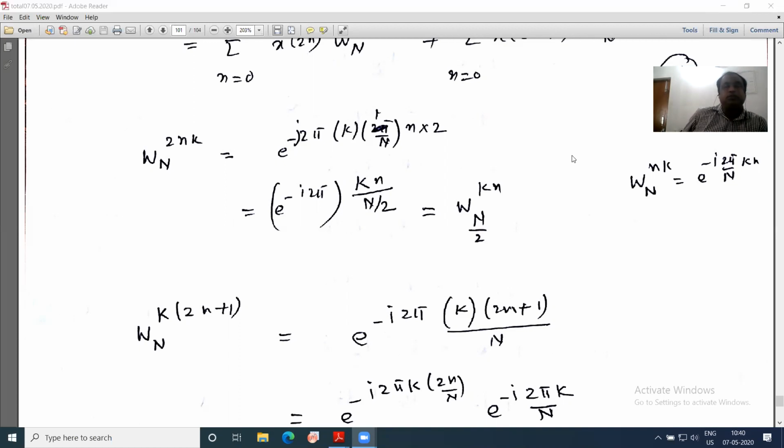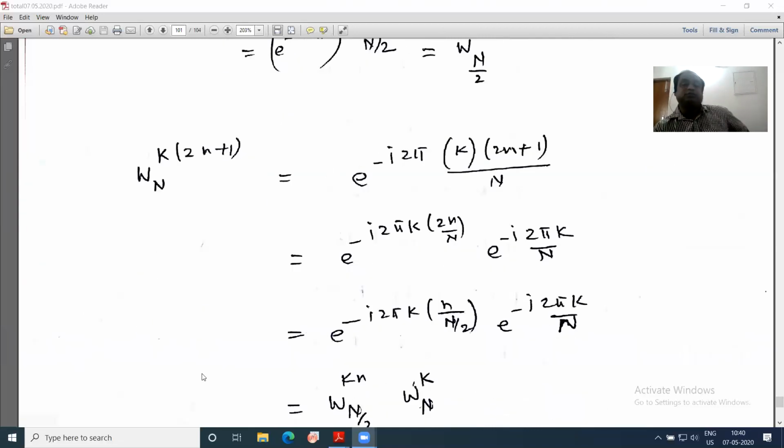With this idea, we have tried to develop the algorithm so that we can compute the DFT with a lesser value of N, that is a lesser point DFT, then combine those results to compute a higher point DFT. With this process, we plan to have a reduced computational complexity.